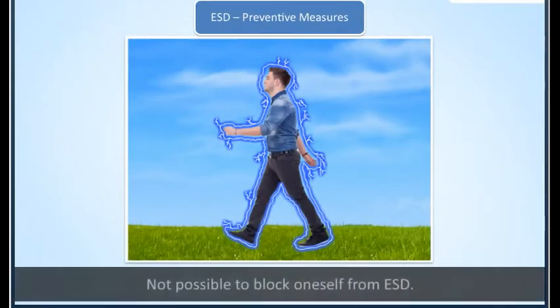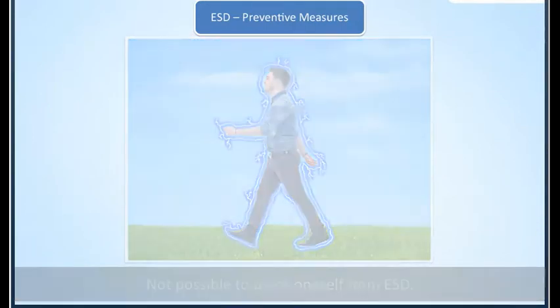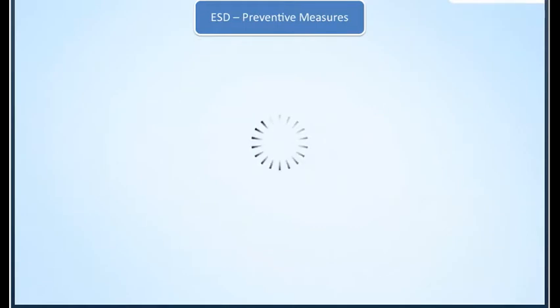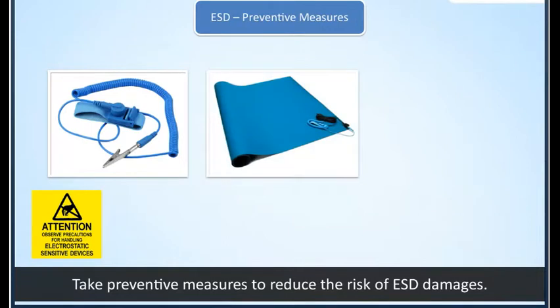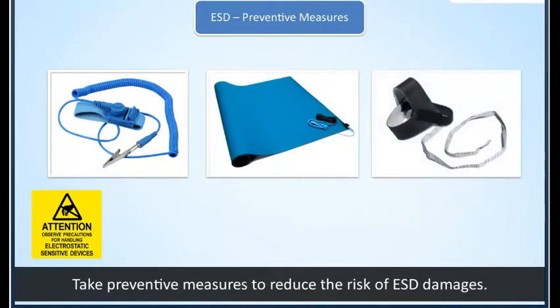It is not possible for you or your team to completely block yourself from absorbing electrostatic discharges. But you can take some preventive measures to reduce the risk of such damages occurring in assembly areas or when handling sensitive electronic devices like drives. Let us look at some of these measures.